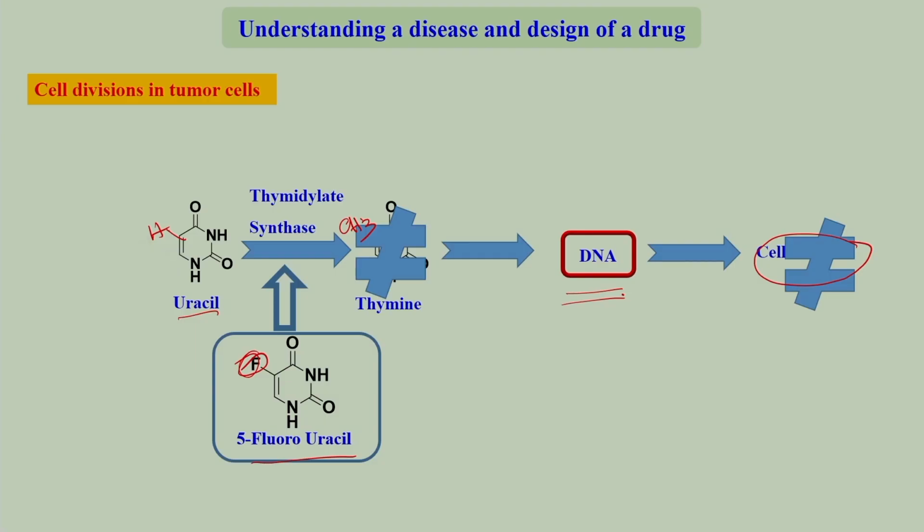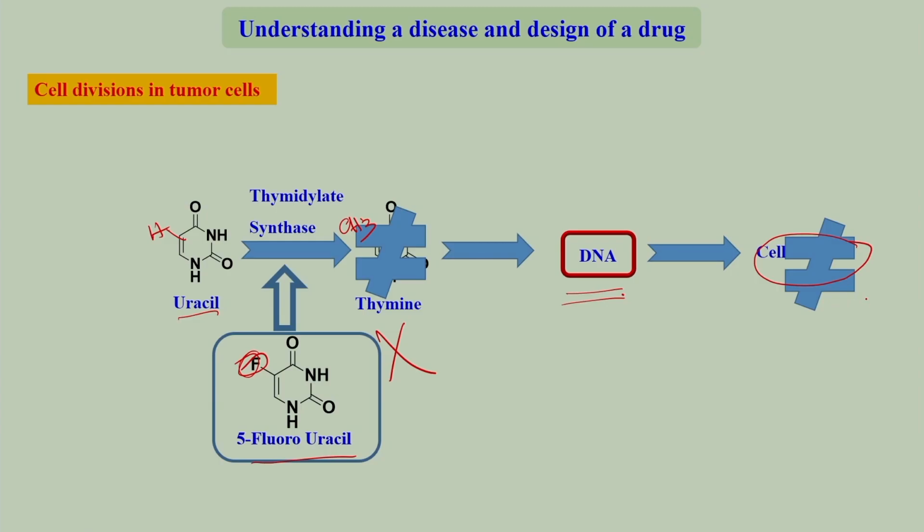So, once the enzyme takes up 5-fluorouracil into its active pocket, it cannot do the further transformations, because it cannot break the CF bond, and therefore, the thymine cannot be synthesized. So, synthesis of thymine is blocked. Therefore, the DNA synthesis will be blocked, and therefore, no cell divisions, and tumor cells will be slowly dying.